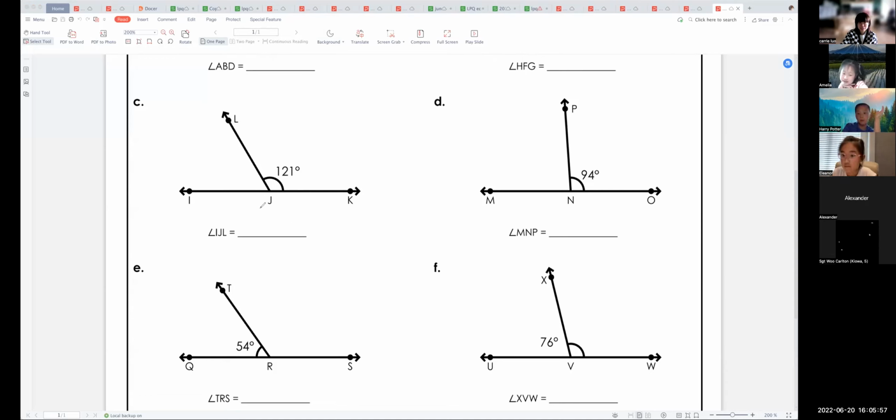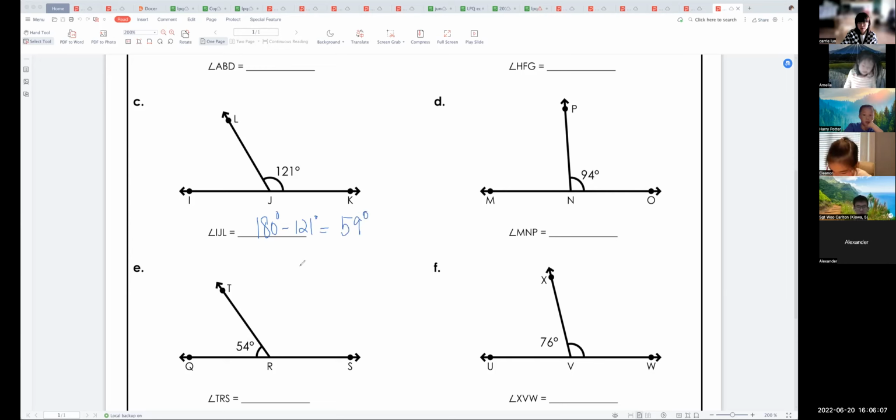Okay, so let's take a look at this one. So first one is 180 degrees minus 121 degrees, so equals what? Equals 59 degrees. Okay, and I want you to say that 121 and 59, they're supplementary to each other, okay?